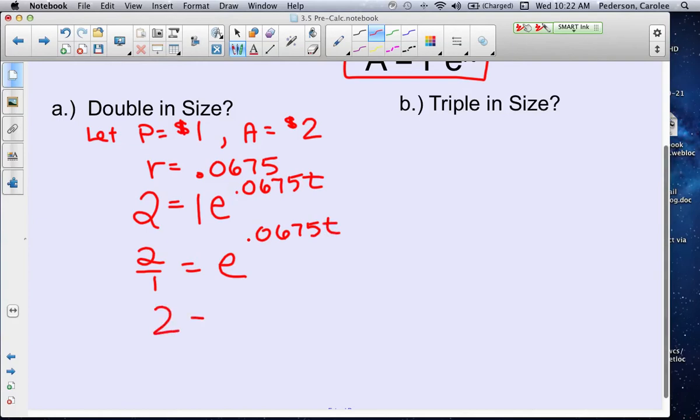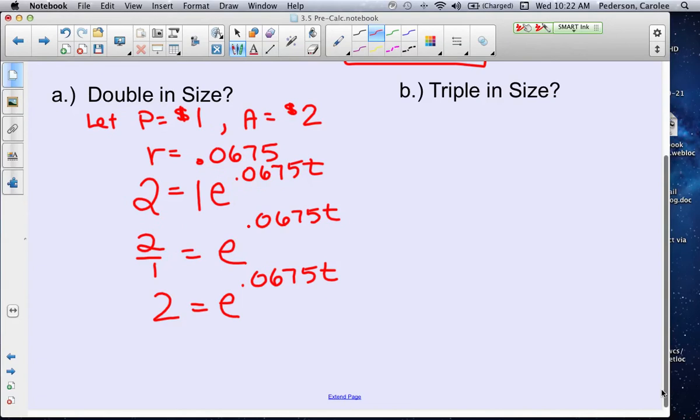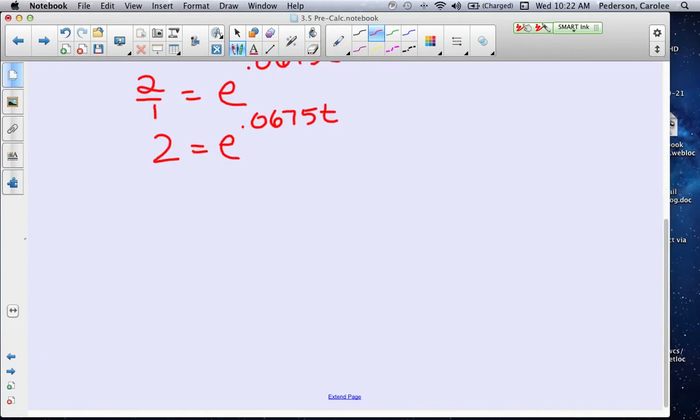So we get 2 equals e raised to the 0.0675t. What's the next step to solve for t? Natural log. Take the inverse of the exponential e, natural log both sides.